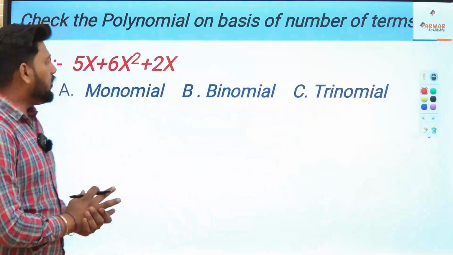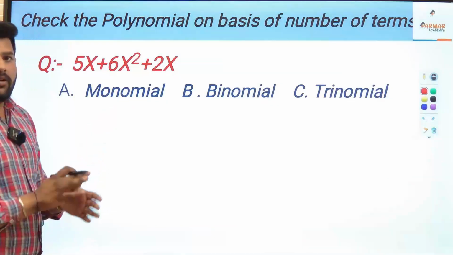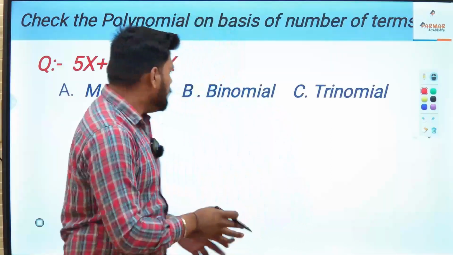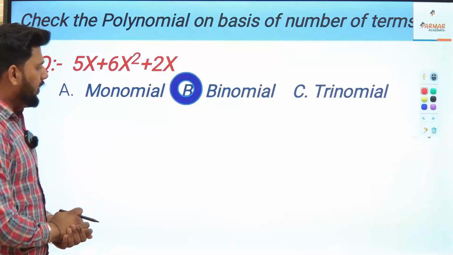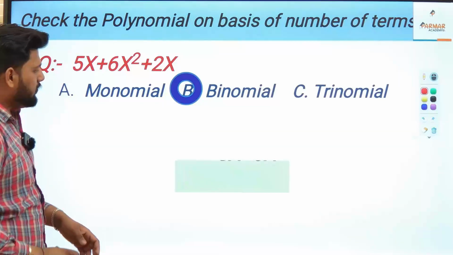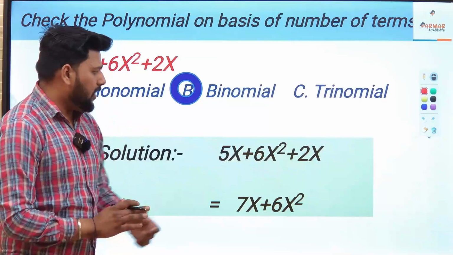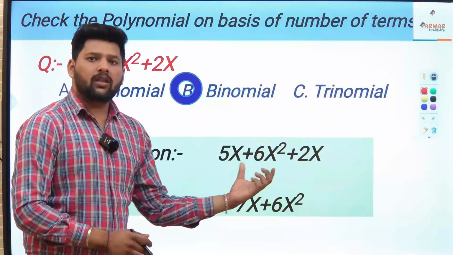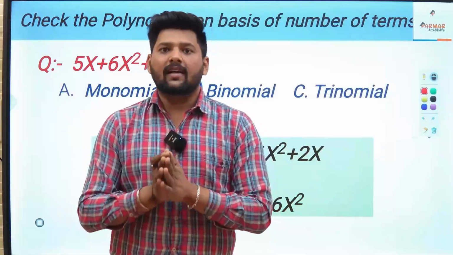But this is not a trinomial, because whenever we have to answer, first of all we will simplify the polynomial if it is possible. So its answer is binomial. Why? Look at the solution. The expression is 5x plus 6x square plus 2x. Here 5x, the first term, and 2x, the third term, are both like terms, and we know that calculation is possible on like terms.